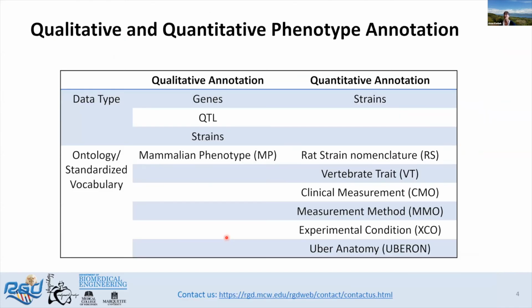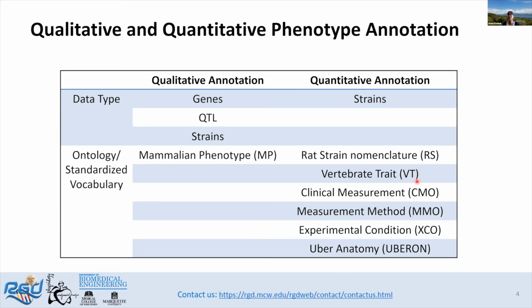But RGD has been doing phenotype curation for years, mainly for genes, QTLs, and strains. The main area of curation has been using the mammalian phenotype, and the disadvantage of that is that it is based on abnormal phenotypes. Some time ago, Mary Shimoyama started the PhenoMiner project to annotate quantitative data from the strains.